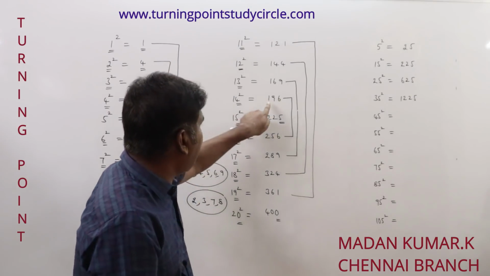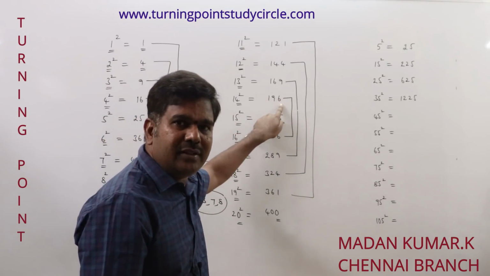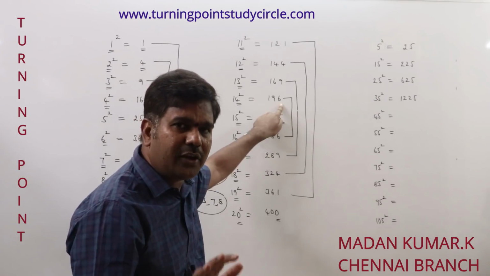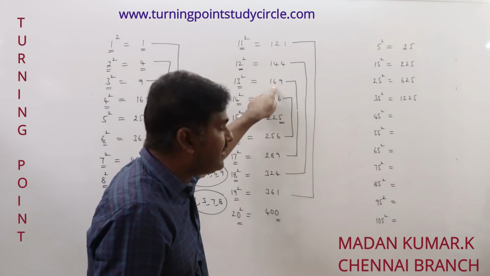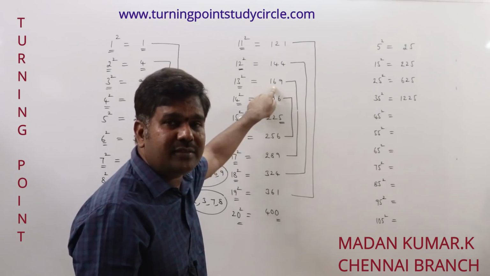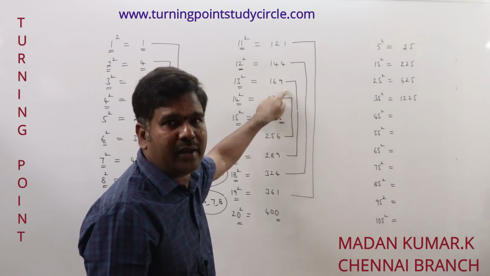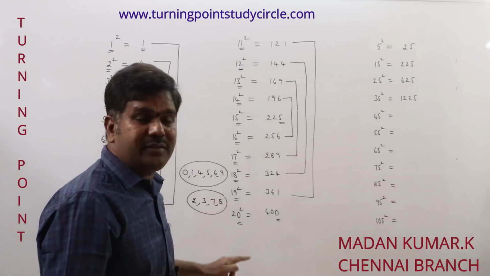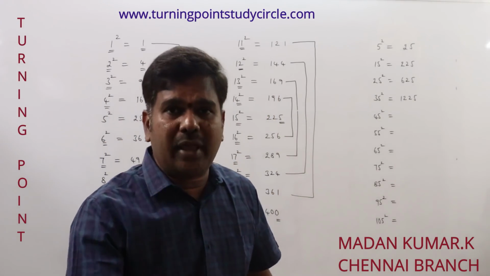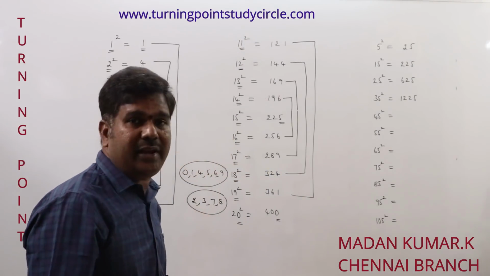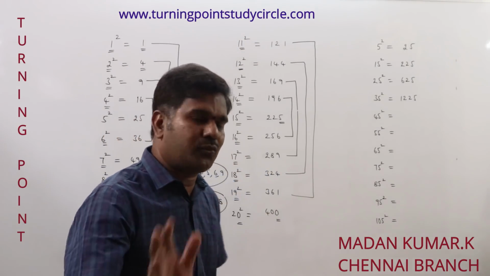Because see that 196 ends with 6, and it is a perfect square. But if I say 206, though it ends with 6, it's not a perfect square. Likewise 169 is a perfect square, but 179, though it ends with 9, is not a perfect square. That means the numbers ending with 0, 1, 4, 5, 6, 9 may be perfect squares, not must, but the numbers ending with 2, 3, 7, 8 will never be perfect squares.